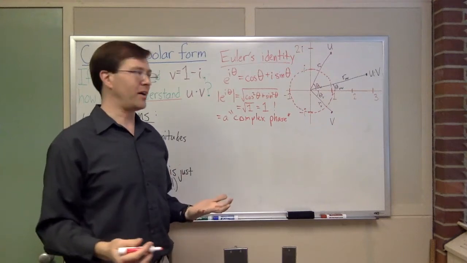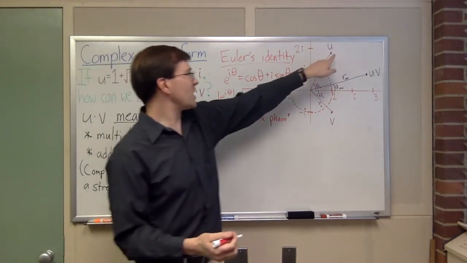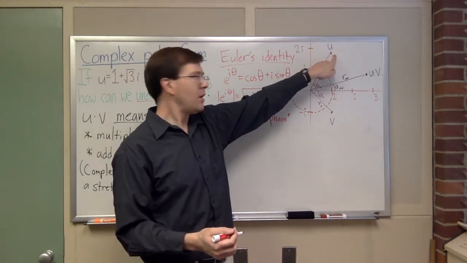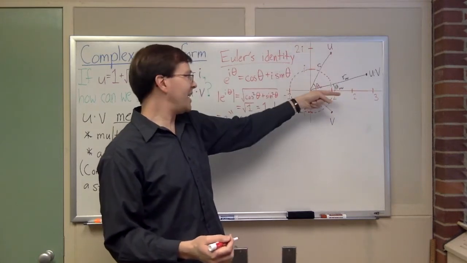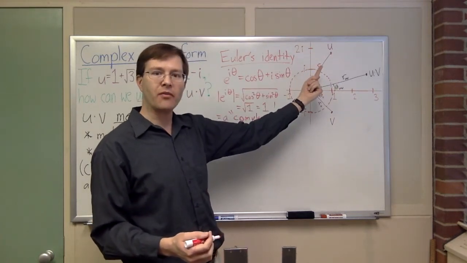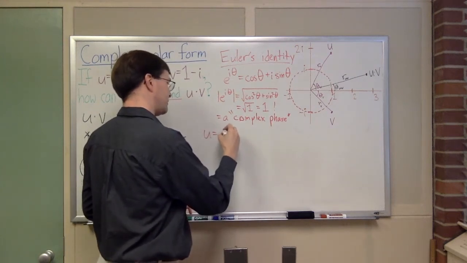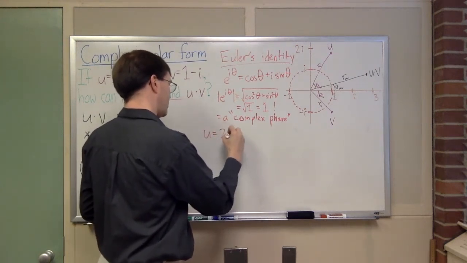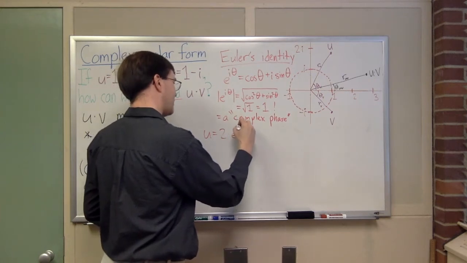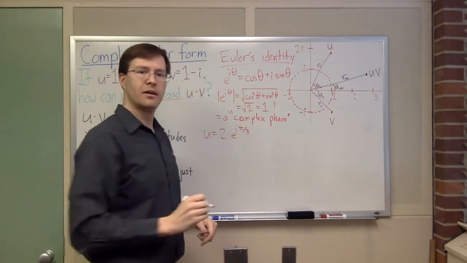So here's the cool part. If I wanted to construct the number u, I know its magnitude is 2, and its angle in radians is pi over 3. u is equal to 2 times e to the i pi over 3.